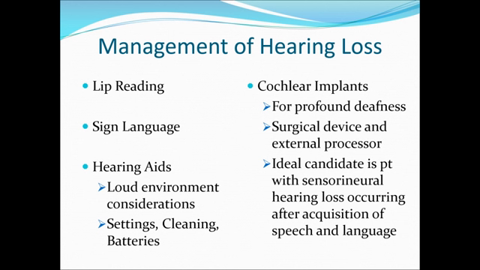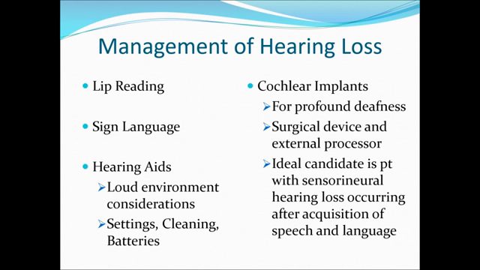Cochlear implants would be for people with inner ear problems. These are for patients with profound deafness. There are two pieces: a surgical device that's inside, and then the external processor that they tend to wear behind the ear.